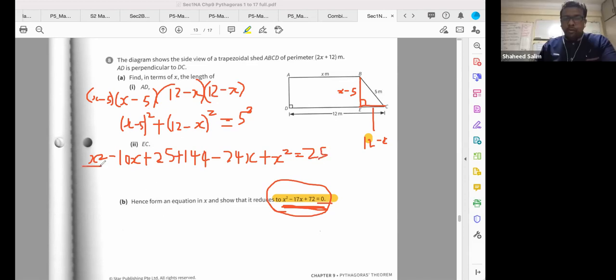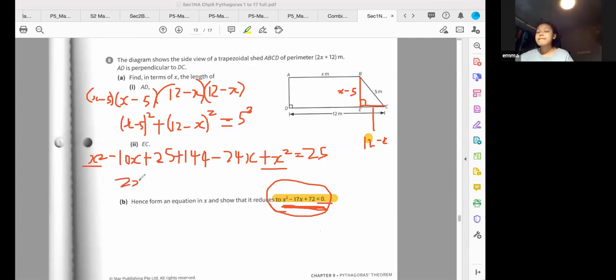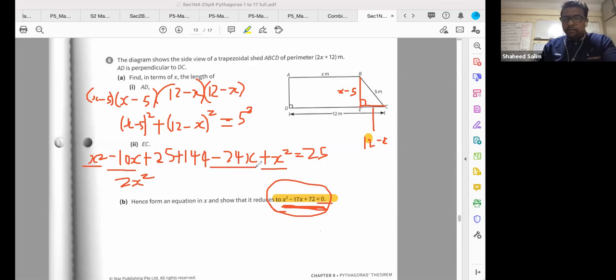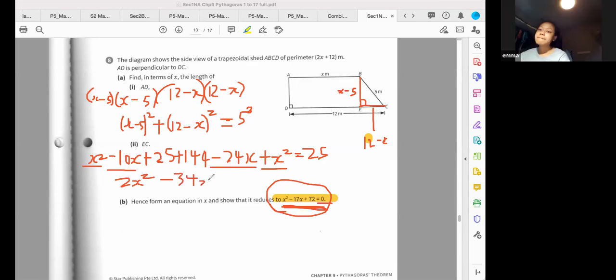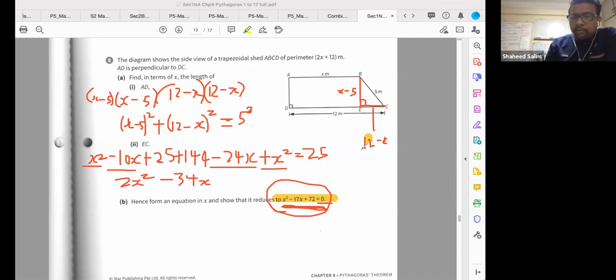Okay, so you have x squared plus x squared, 2x squared, minus 10x minus 24x, minus 34x. So 144 plus 25, you bring this over, minus 25. So that means 25 gets cancelled out. You get plus 144. You brought the 25 over, now it is 0.